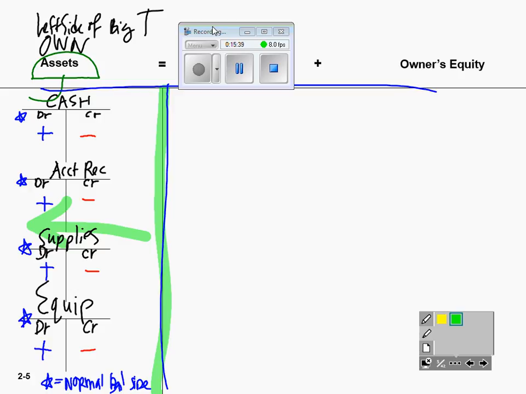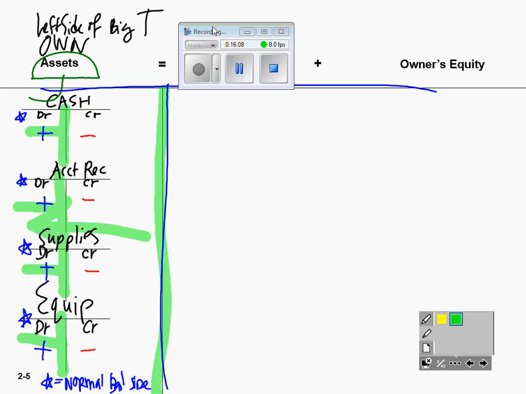Now with that highlighter, go like this. Each little baby T, because assets are on the left side of the big T, all of the little debits are where the increases are. Is it starting to look like an art project? If accounting could be an art project, this is it, folks.